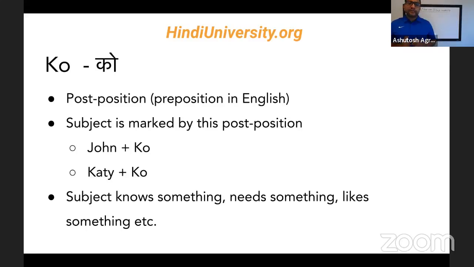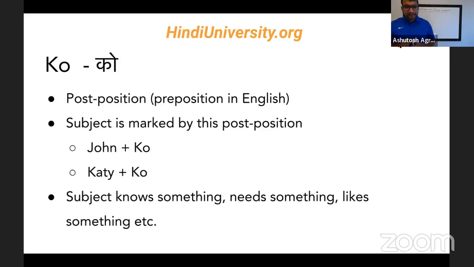And co is a very important one. Generally speaking, of all the postpositions you have in Hindi, ne is a little bit hard to cover, and the second hardest is co, because co has multiple use cases. So it's very important for everyone to get a good understanding of this postposition.